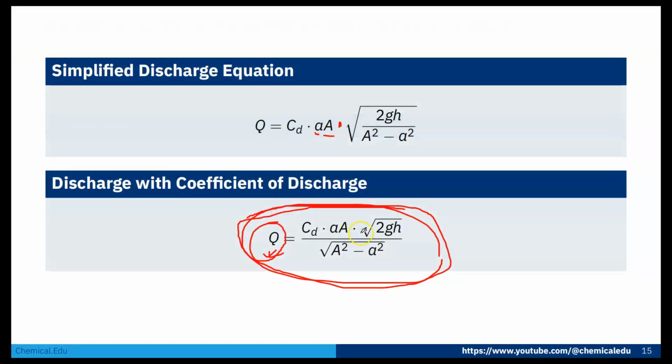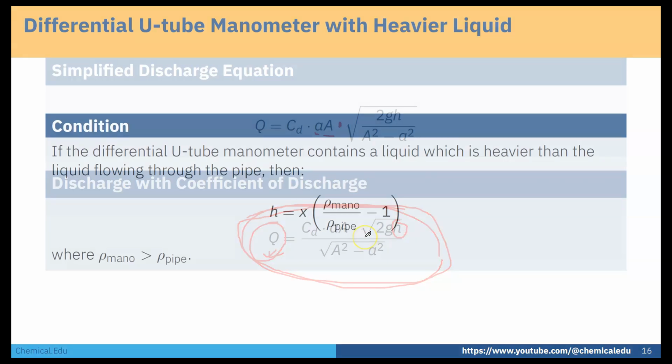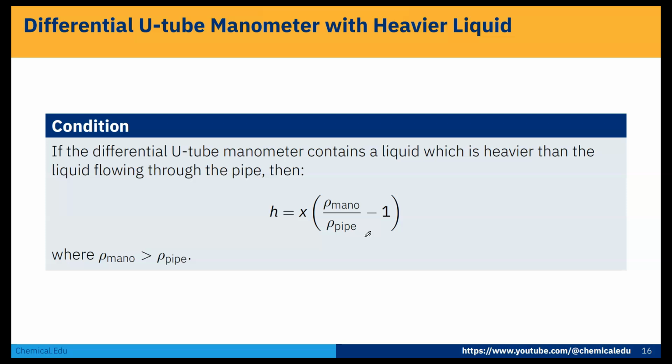Now here H actually can be modified because we are calculating pressure difference using that U-tube manometer. So if the differential U-tube manometer contains a liquid which is heavier than the liquid flowing through the pipe, then H will be X into rho manometer by rho pipe minus 1, where X is the height difference.